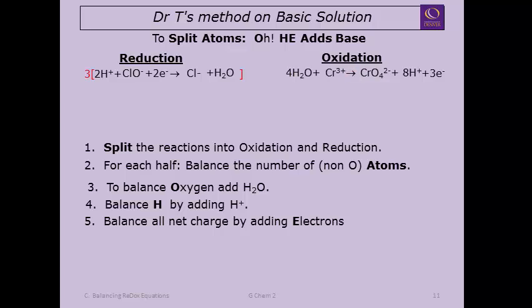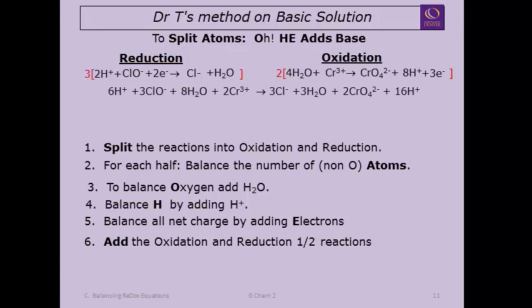Next step, make sure that the number of electrons in reduction equals the number of electrons in oxidation by multiplying through both equations. Collect your like terms, and you now have the proper balanced redox reaction for chlorate reduction being coupled to a chromium plus 3 oxidation.